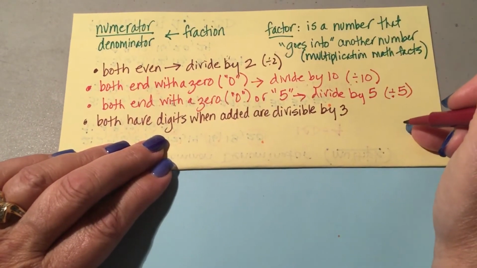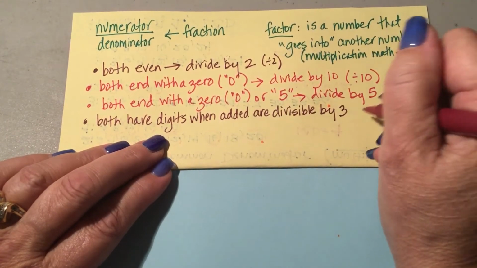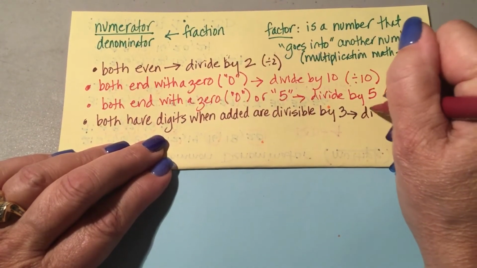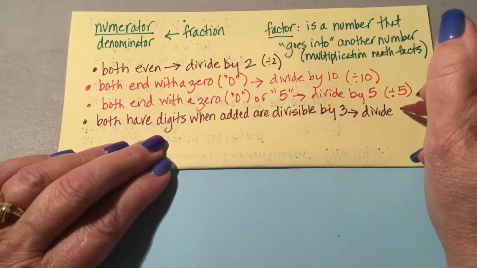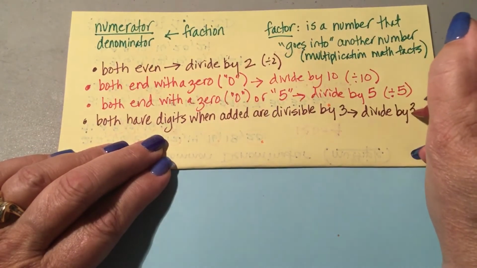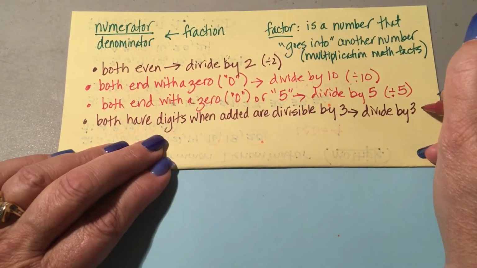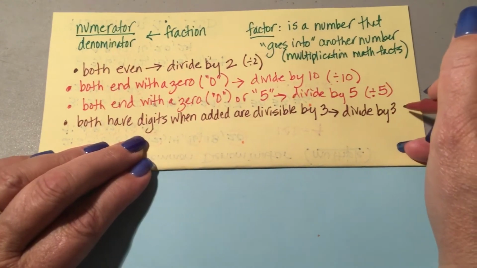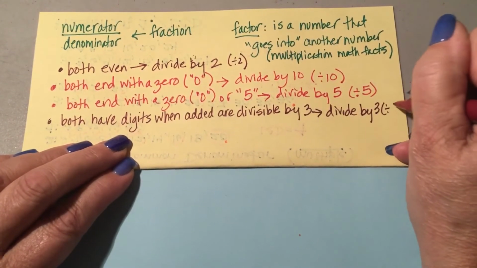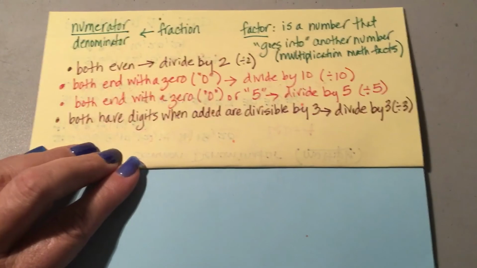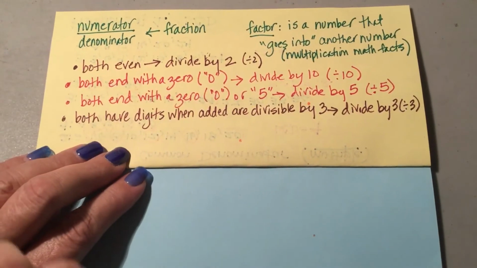Okay, both have digits when added are divisible by 3. In other words, we're going to divide by 3, right? So try and squeeze it in here. Divide by 3. Okay, and I'm going to give you a couple examples of what I mean by that.